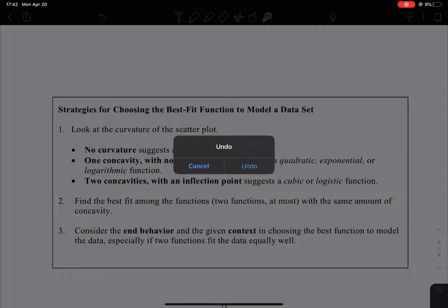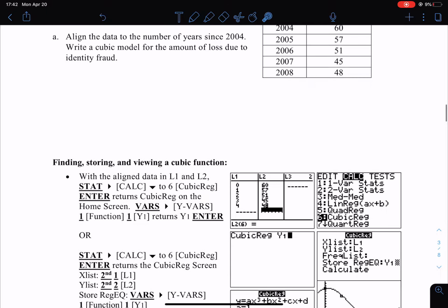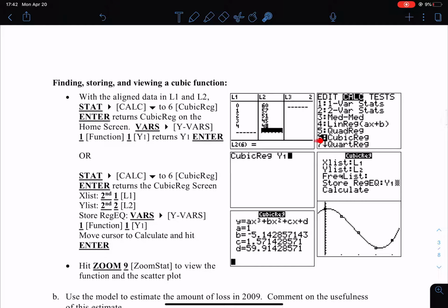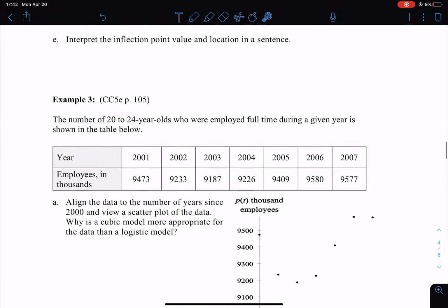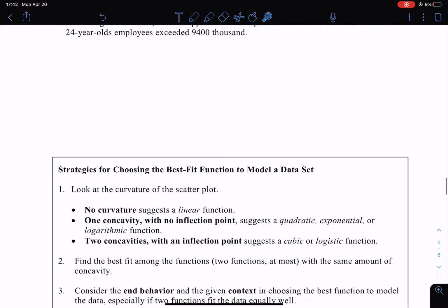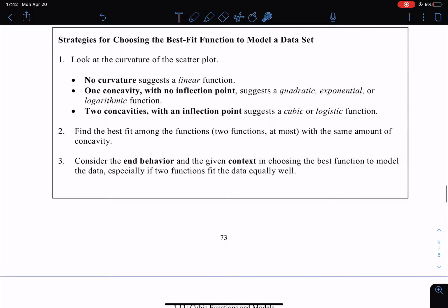For the cubic function, it's the 6. This is the model. And then page 73. Strategies for choosing the best fit function to model a data set.